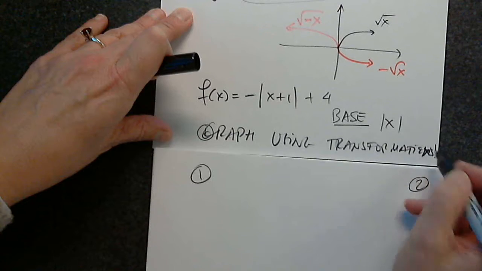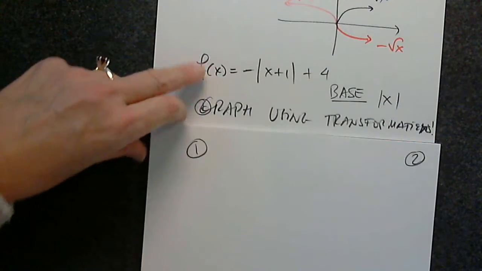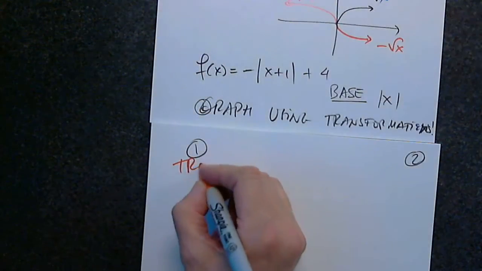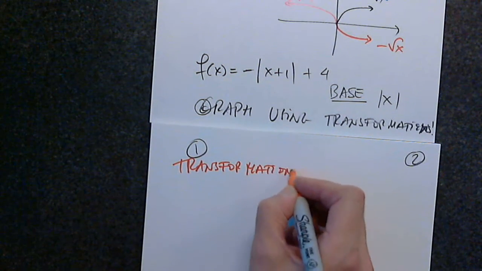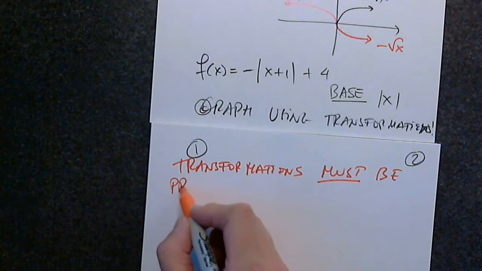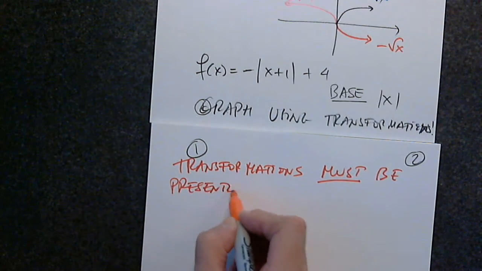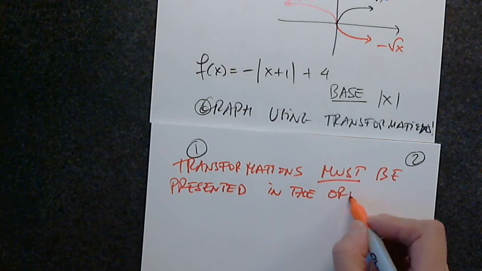This is the requirement: graph using transformations. The transformations have to be presented in the order of operations. Let me also write that down to make it very clear. Transformations must be presented in the order of operations.